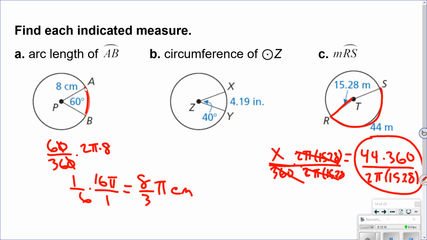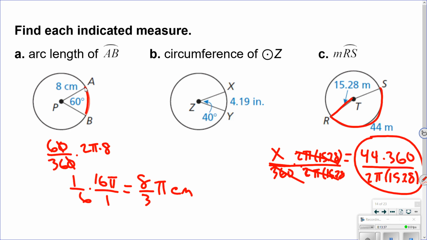Now this is a little bit tricky. Be really careful when you plug this in a calculator. You have to make sure that the bottom part's in parentheses. So 44 times 360 divided by parentheses 2 times pi times 15.28 in parentheses. Make sure the denominator, the 2 pi times 15.28, is in parentheses.